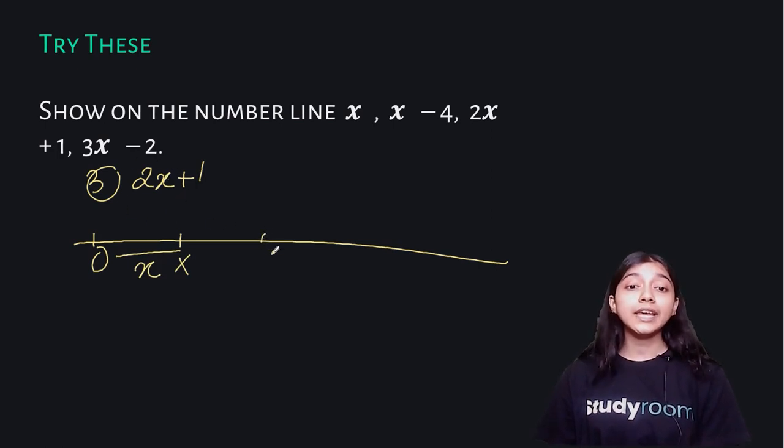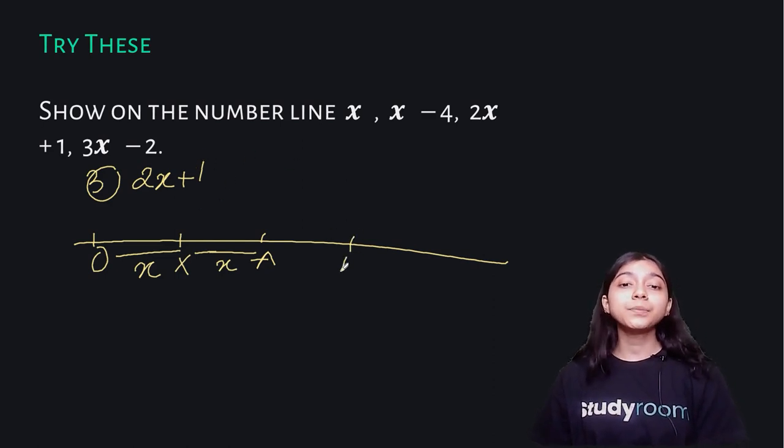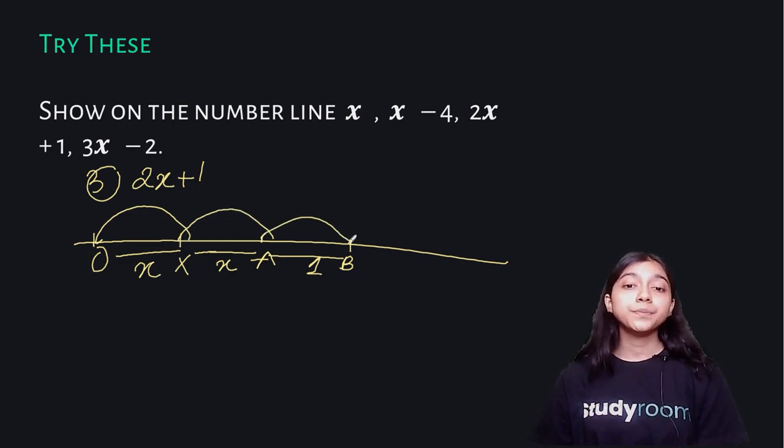That means we will take another point A, which is at a distance of x units from this capital X. And we have to represent plus 1. For this, we will take another point B, such that this distance from A to B is 1 unit. So we can say that this very point B represents the given expression, that is 2x plus 1.